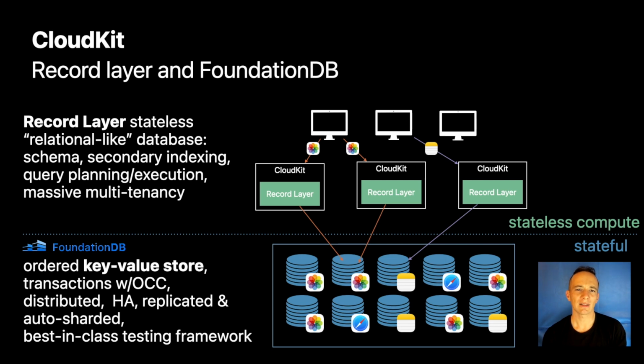The record layer adds features one would normally expect from a database: transactional secondary indexing, schema management, query planning and execution, as well as advanced features such as support for massive multi-tenancy. The record layer is completely stateless and runs on CloudKit application servers. A client request can be served by any CloudKit application server that accesses the relevant data in FoundationDB. This design allows us to scale the storage and compute layers independently.